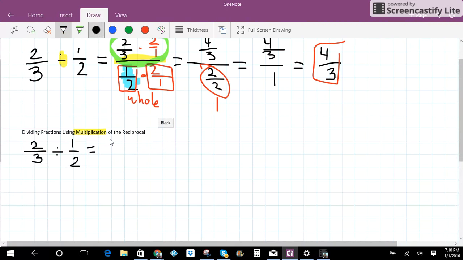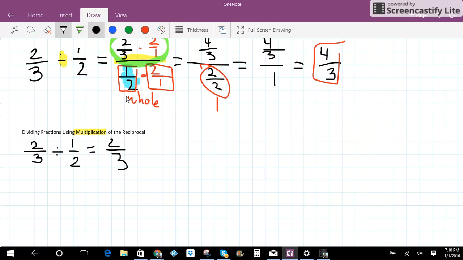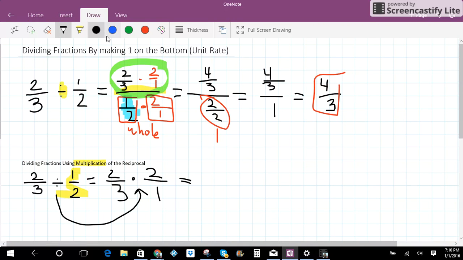So I have 2/3, and instead of division, I'm going to multiply. But I need to make sure that I'm not multiplying by 1/2, but by 2/1. So that will connect with the first method, which is the top.